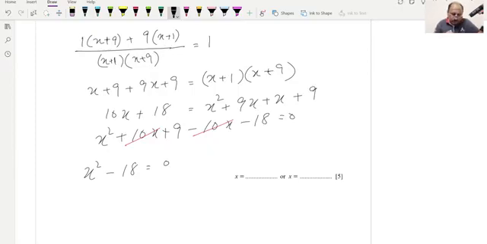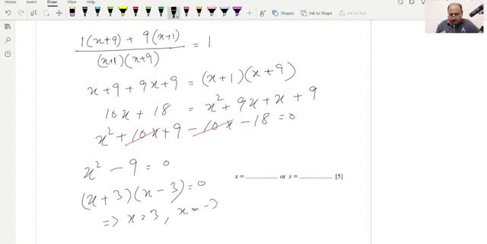And how did we get 18? It should be like 9 minus 18 plus 9, so minus 9, and we can write it as x plus 3 and x minus 3 is equal to 0. This implies x is equal to 3 and x is equal to minus 3, and these are basically the values which we provide over here, 3 and minus 3.